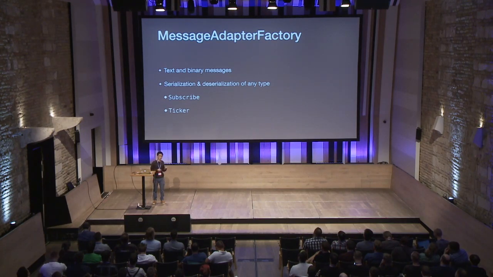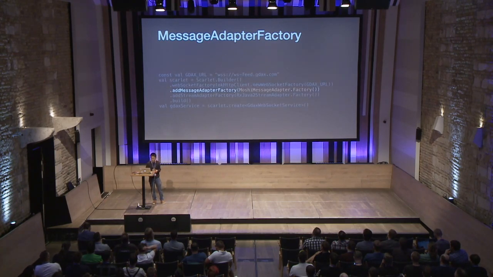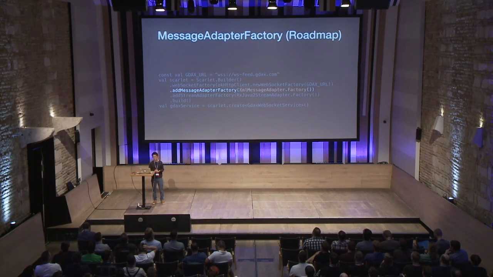For example, in our previous example, we will have an adapter that converts Subscribe to JSON and converts JSON back to Ticker. And we support Moshi, Gson, and Protobuf. We might support Jackson and XML in the future.